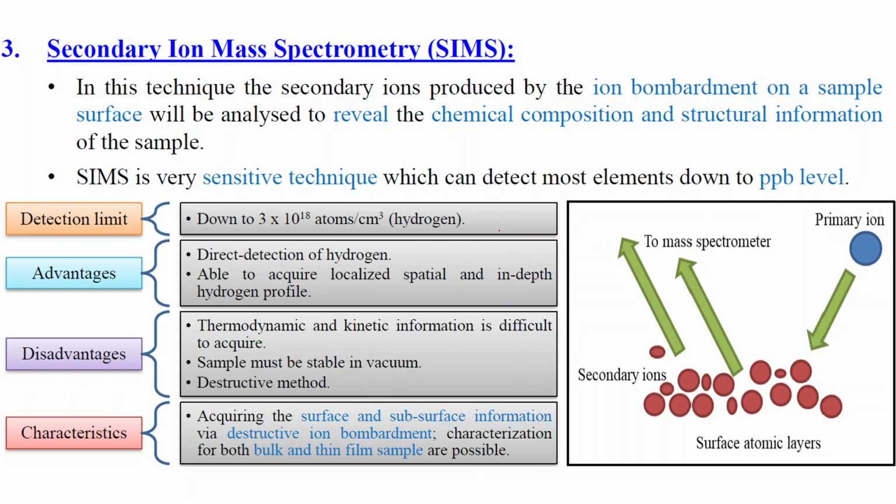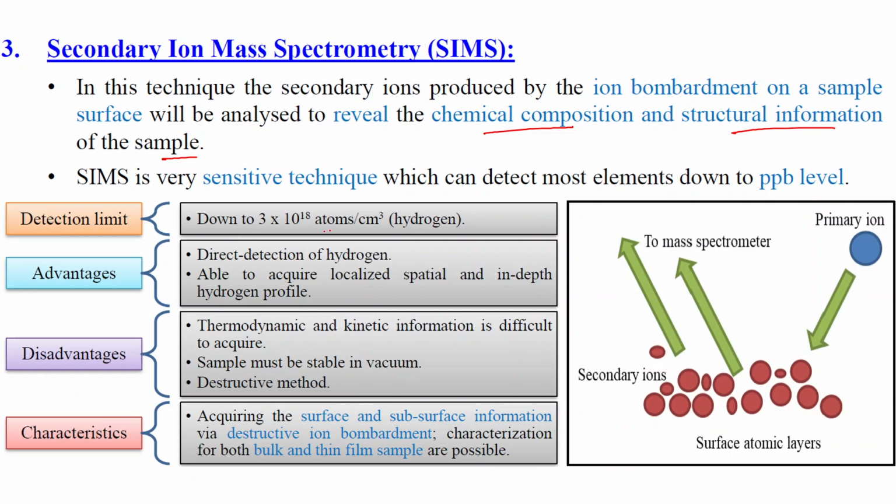Suppose a solid is there in which hydrogen is already adsorbed, then an ion beam is bombarded on the sample surface, due to which secondary ions are released. These secondary ions are analyzed to reveal the chemical composition and structural information of the sample.